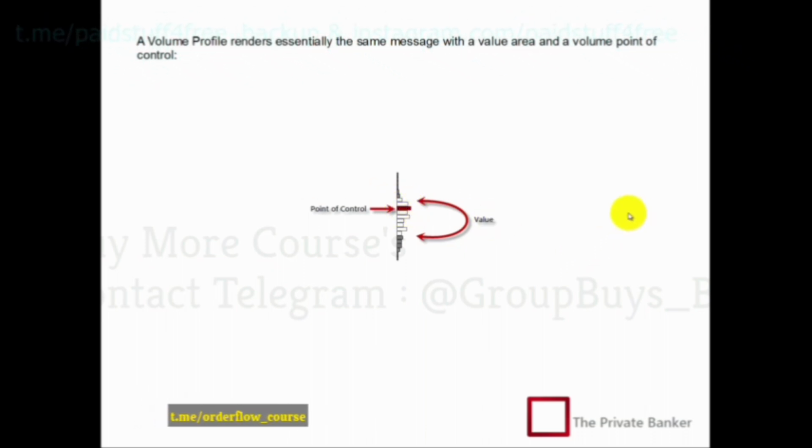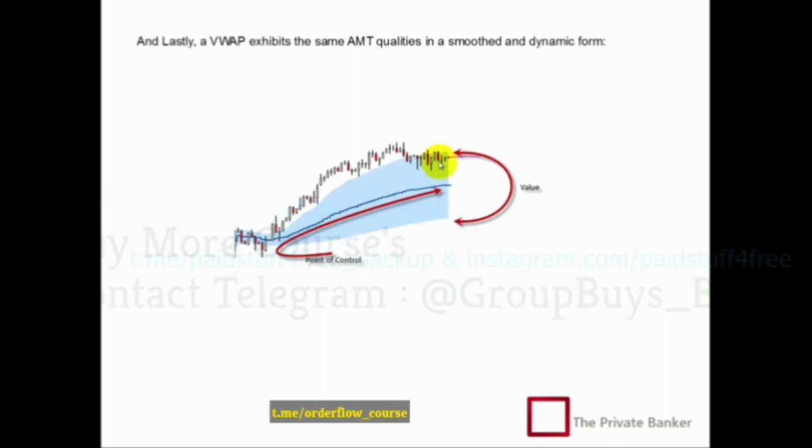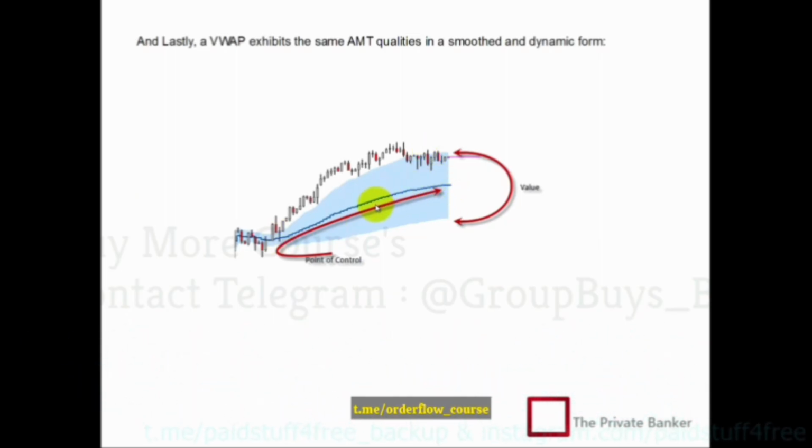Same concept, bell curve. Now looking at VWAP, we don't have a graphic like that, but we do have our first standard deviation, or our value area, and we also have our point of control, which is the actual VWAP itself, the volume weighted average price.